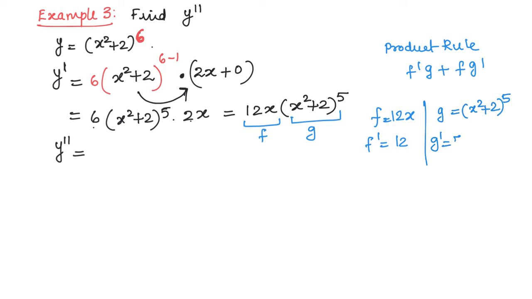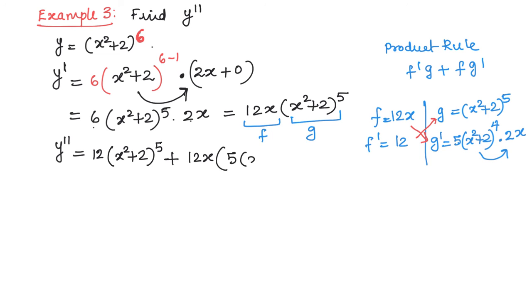So g prime is 5 times x square plus 2 power 4. So we are bringing the exponent in front, subtracting 1 from the power and multiplying by the derivative of the inner function. Now we can multiply f prime g plus f g prime. So f prime g is, and then f g prime.